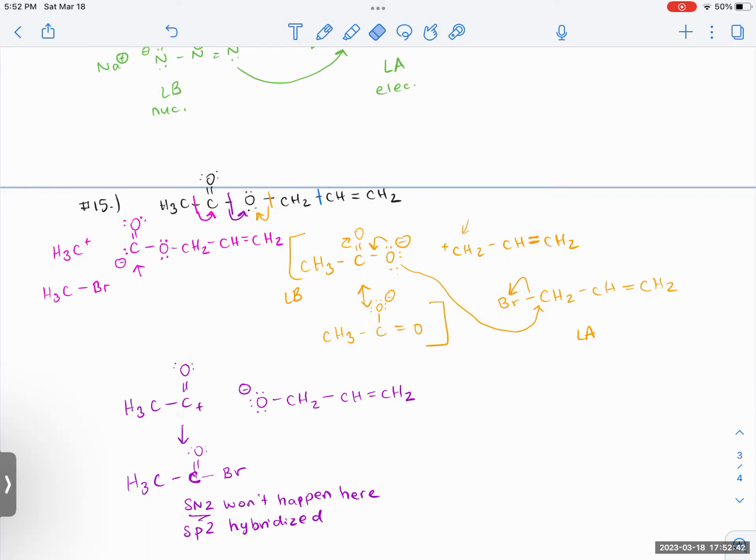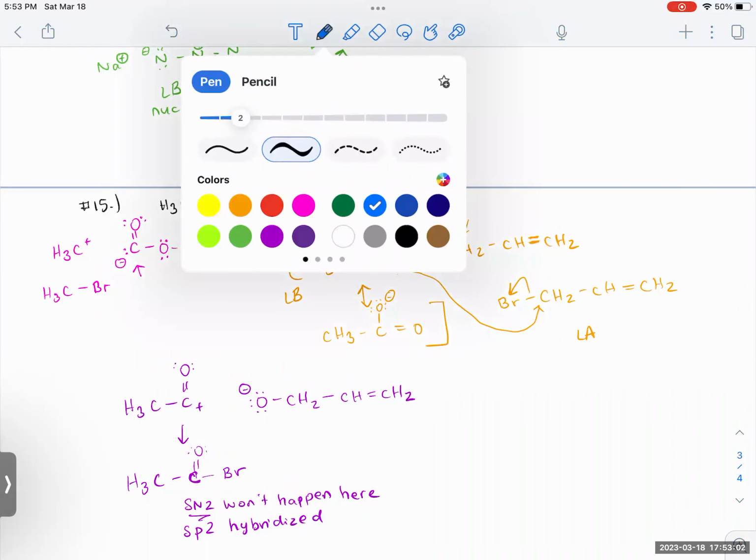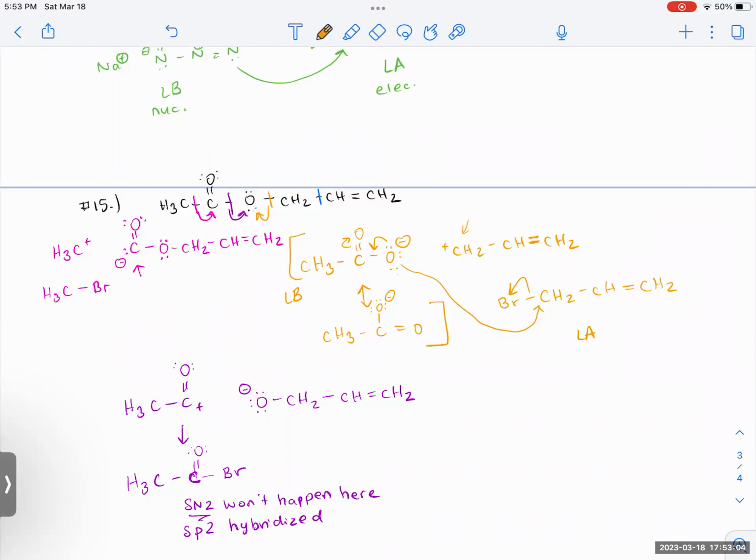So your best bet is generally to get the electrons on an electronegative atom, whether that be nitrogen or oxygen. Those are going to be your best options. So in this case, this one is the best.